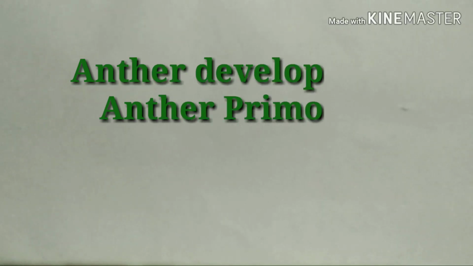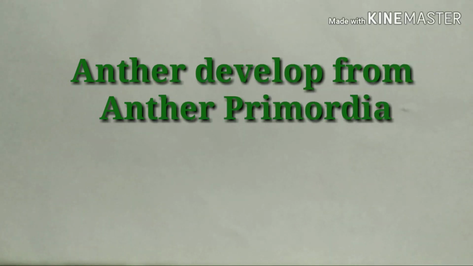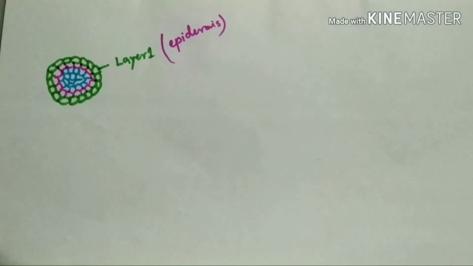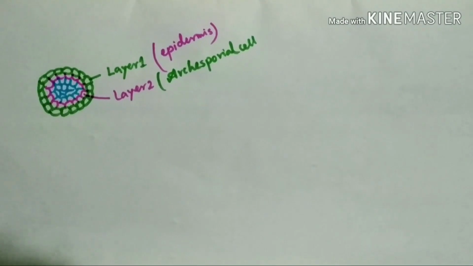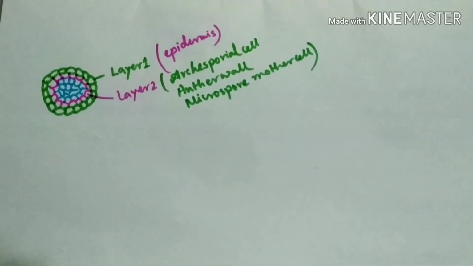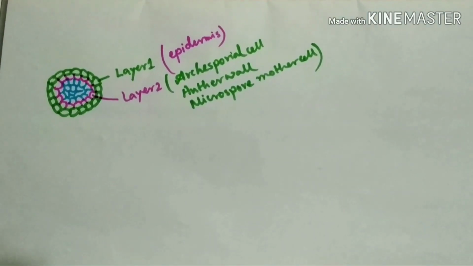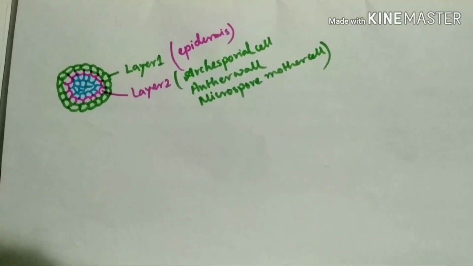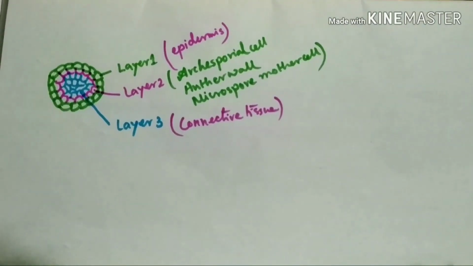Now, we know that androecium develops from anther primordium. Anther primordium contains three layers. From the first layer, epidermis is produced. From the second layer, archesporial cells, anther wall, and microspore mother cells are produced. And from layer 3, or the third layer, connective tissue is produced.